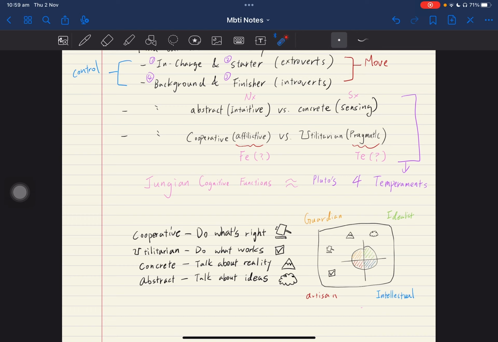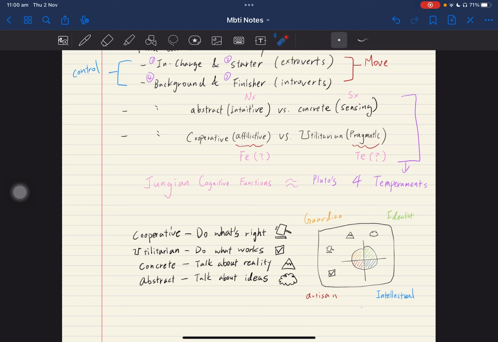And this one, utilitarian, pragmatic here, is also kind of TE, what TE is about, but not completely. So that means, interestingly, the 4 temperaments are roughly equated to the cognitive functions.